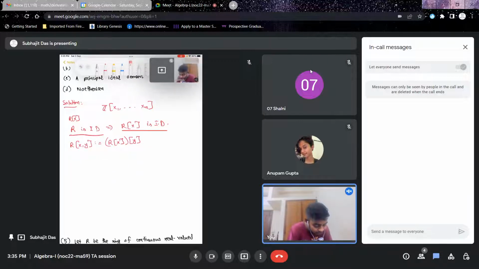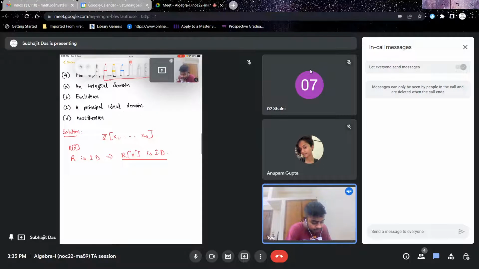So let me write it in a more convenient way so that we have more space here. I don't know why I didn't leave spaces. So option A is certainly correct.